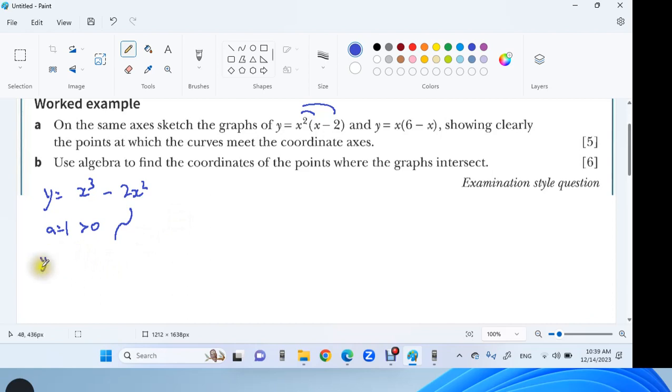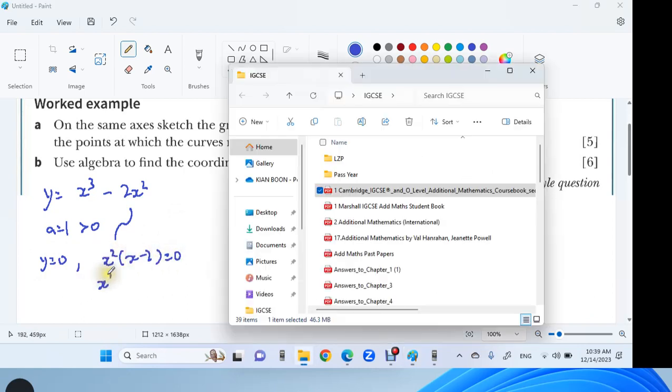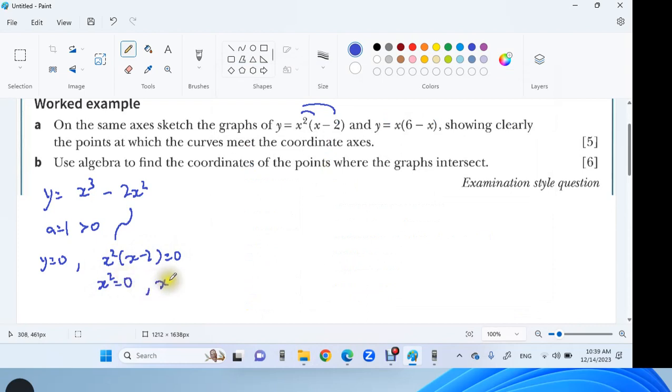When y equals 0, then x squared (x minus 2) equals 0. Then x squared equals 0 and x equals 2, so x equals 0 and x equals 2 are the roots. At the same time, if x equals 0, then y equals 0 squared times (0 minus 2), which is 0.